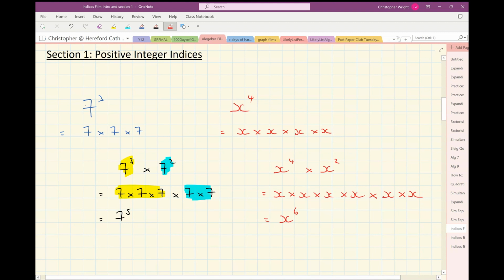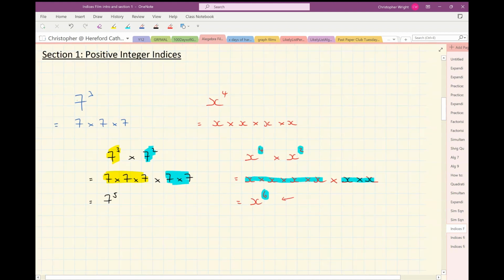So what's happening here, of course, is that the 2 powers here are being added to give me the power on my answer. That's because you could say to yourself, there are 4 x's all multiplied together for x to the 4, and then 2 more x's multiplied together for the x squared gives me 6 x's all multiplied together.